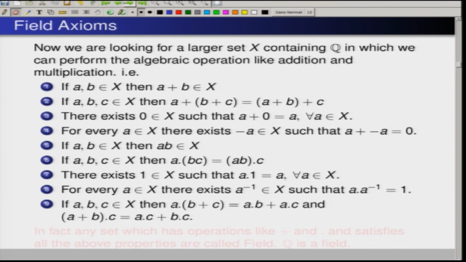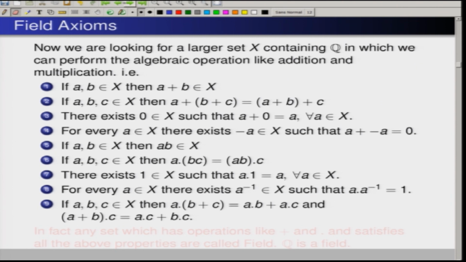Now, in a sense we agree that we are looking for a larger set X which contains Q, and for our purpose we must be able to do addition, subtraction, multiplication and division.